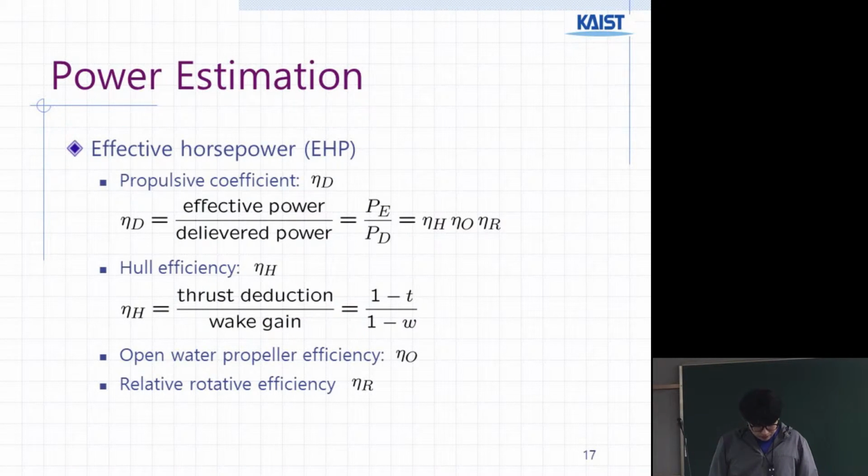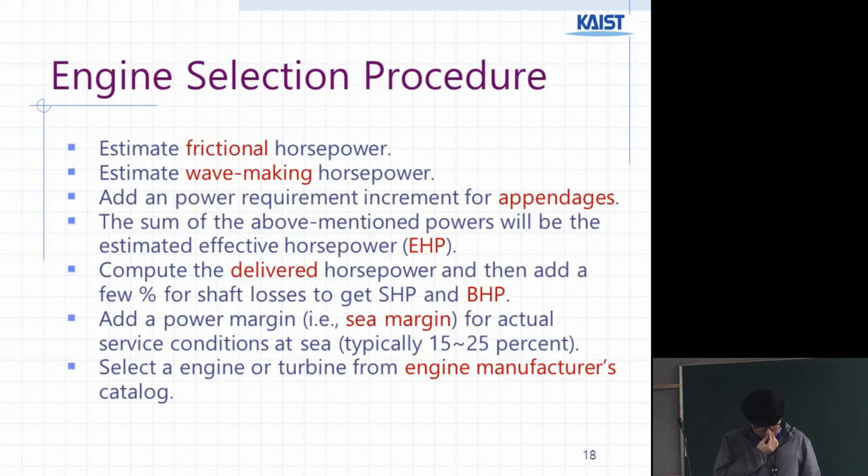And the next topic is the engine selection procedure. How can we select the engine we want? This is very important to engineering. Most people follow this procedure, in this order.